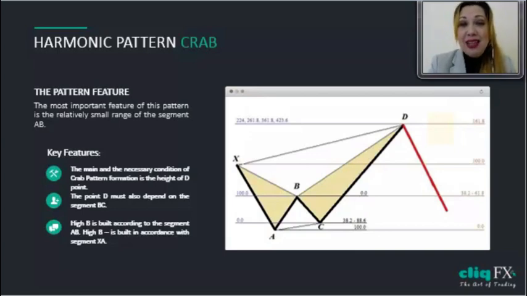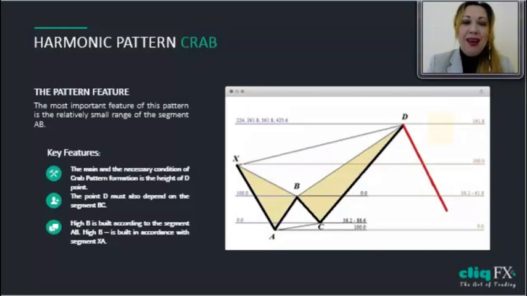This is the relatively small range of the segment AB, which in the crab pattern must be not higher than 61.8 of the Fibonacci of the main segment XA. The best option will be from 38.2 to 50% of Fibonacci retracement.